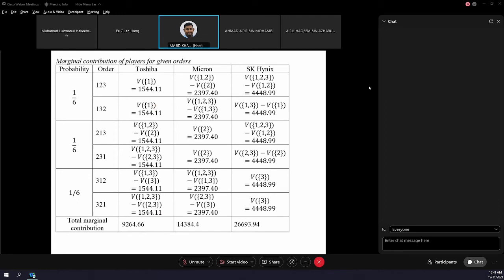Now, someone needs to explain to me. Let me call Jack Chai. Good morning, doctor. Jack Chai, do you know why we get this value? Why do we need to take this value minus this value?